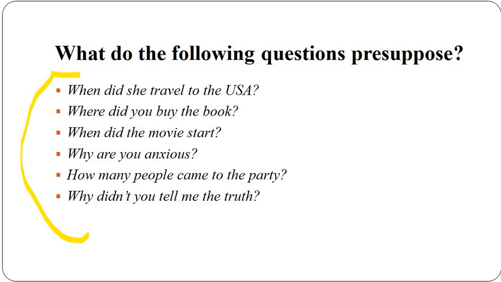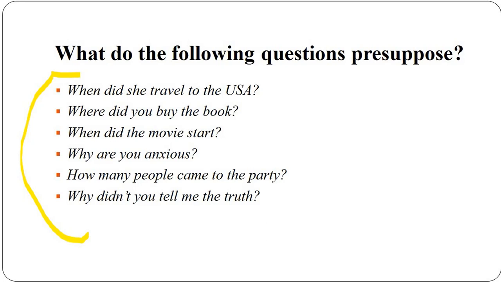Where did you buy the book? So we can presuppose that the addressee for sure bought a book. When did the movie start? So for sure the movie already started. Why are you so anxious? So the addressee seems like he or she is anxious. We can presuppose it. How many people came to the party?